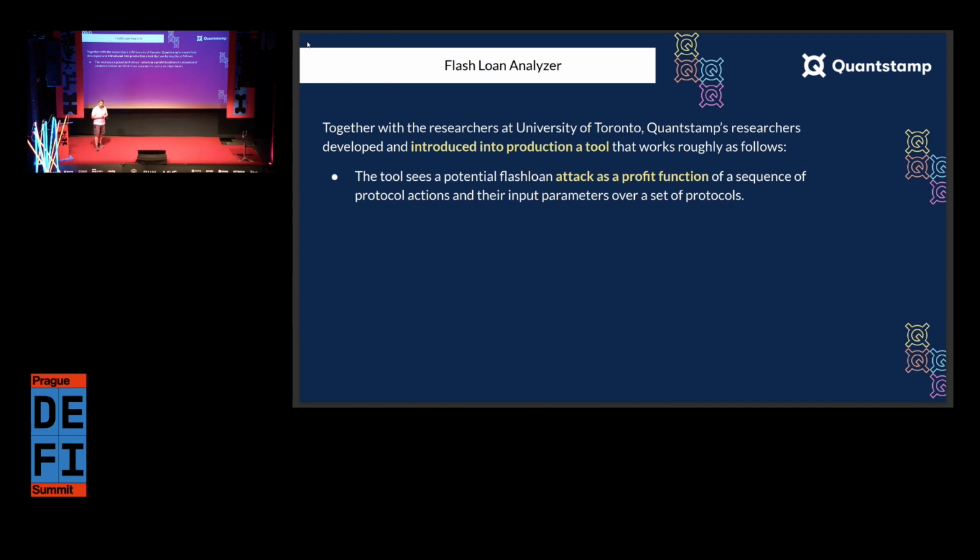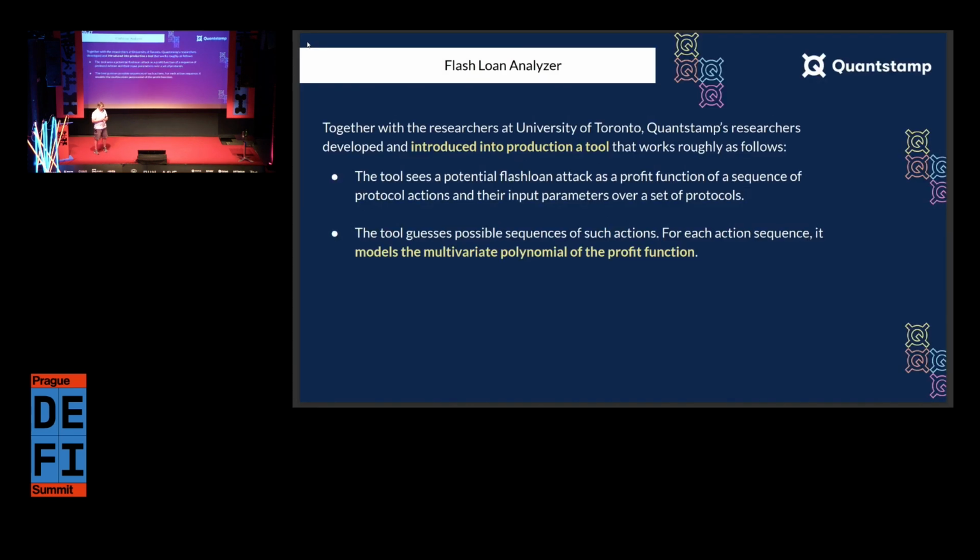It sees the profit that comes out of a potential flash loan attack as a profit function of a sequence of actions, like depositing money into a protocol, withdrawing money from the protocol, liquidating somebody, and placeholder parameters for these actions. So how much are you going to deposit? How much are you going to withdraw? What are the exact parameters that you are going to call these functions with?